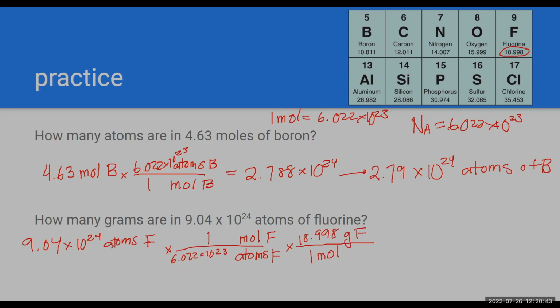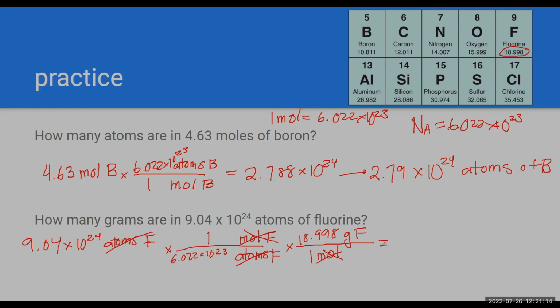And if we do all our canceling, this cancels out here. This one cancels out here. And we are left with our final answer in grams. So if I put this in my calculator, we can see what answer we're going to get.